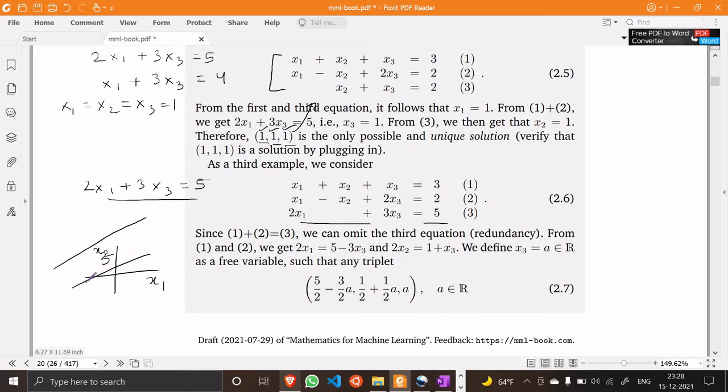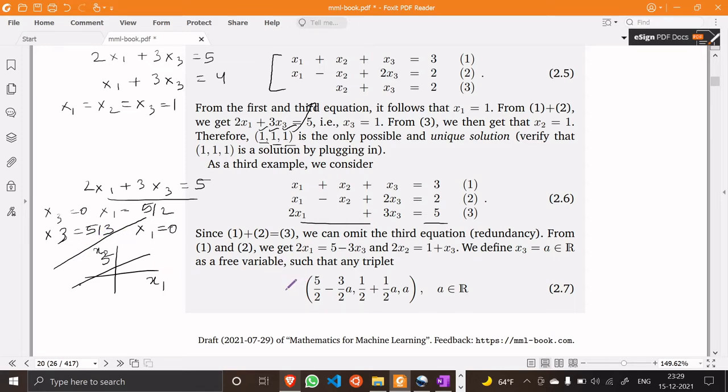But for now, I want to illustrate the fact that there are an infinite number of points x1 and x3 which can satisfy this equation. For example, if x3 is equal to 0, x1 is equal to 5 by 2. Similarly, when x1 is equal to 0, x3 is equal to 5 by 3. So you can see that there is more than one solution to this system of linear equations.